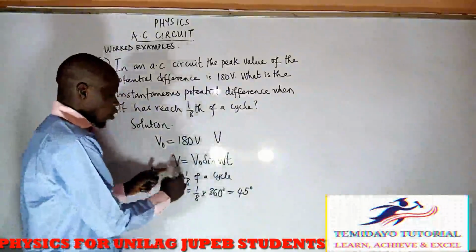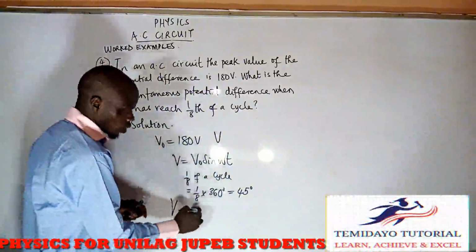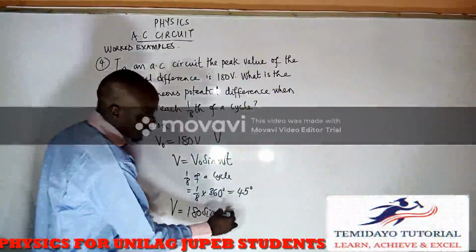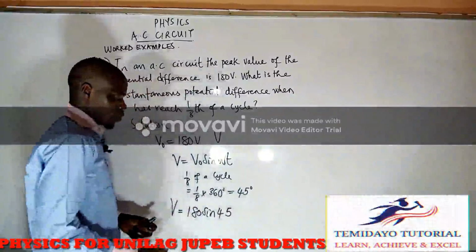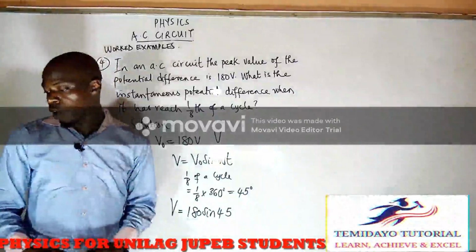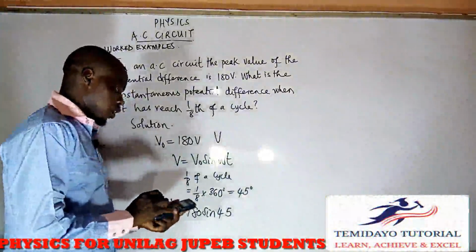So we can see that from here our V is equal to V0, which is 180 sine 45. Then from here we can find the value of sine 45 and multiply it with 180 to get our final answer.